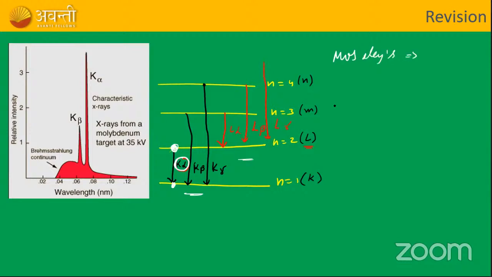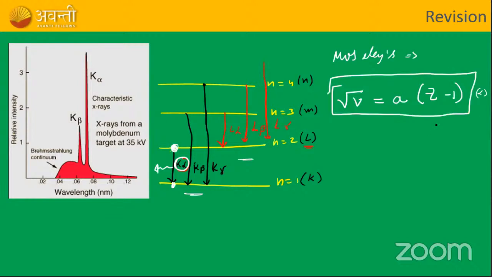He gave us that the frequency of this X-ray, which is coming out in the form of a photon, under root is proportional to some constant a times (Z minus 1) for alpha lines. This is the formula. It's an empirical formula. We can't derive this formula. We have to do the experiment and then find it. That's why it's called an empirical formula.